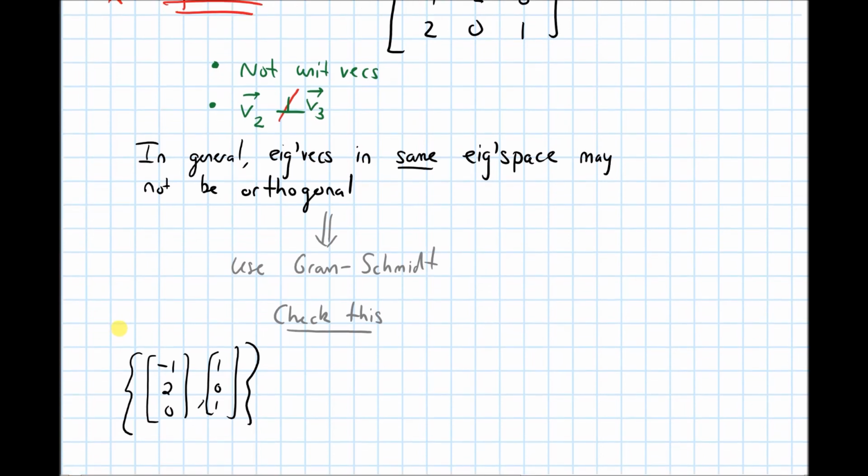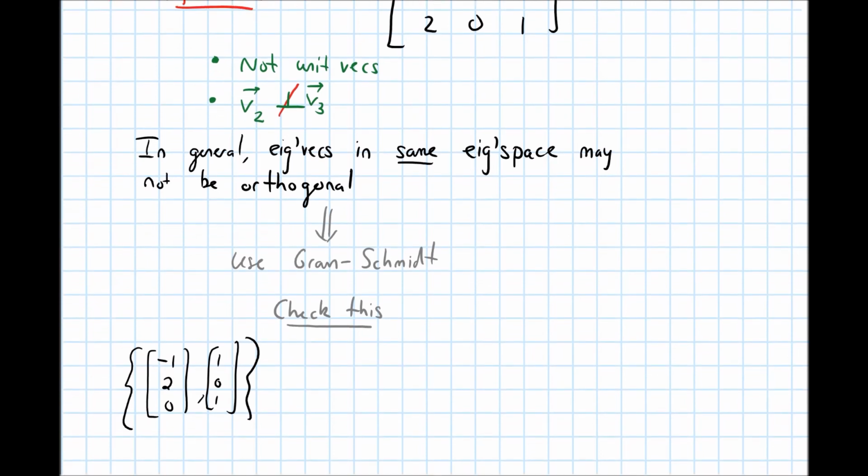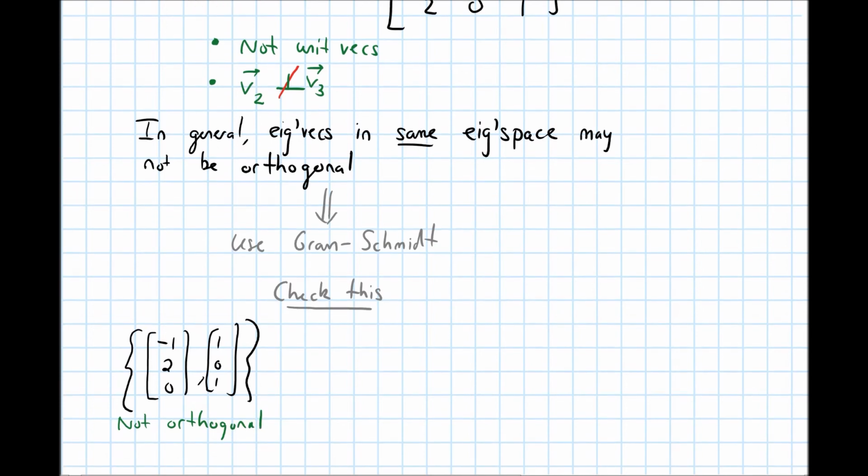The problem with these two eigenvectors is that they are not orthogonal. I'll even draw a sad face. We want them to be orthogonal, but these are not.